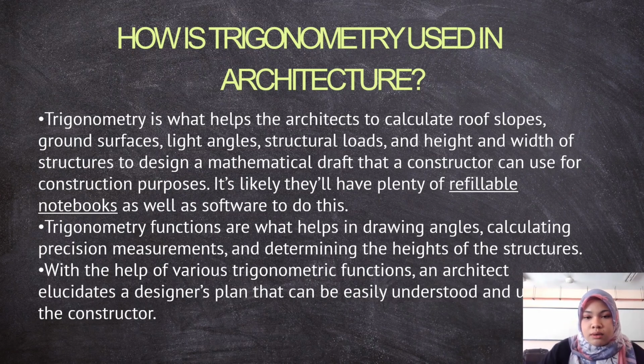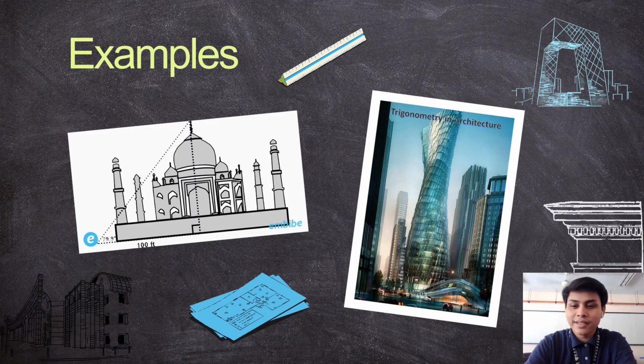Trigonometric functions are what help in drawing angles, calculating precision measurements, and determining the height of the structure. With the help of various trigonometric functions, an architect elucidates a design plan that can be easily understood and used by the constructor. This is an example for architecture.